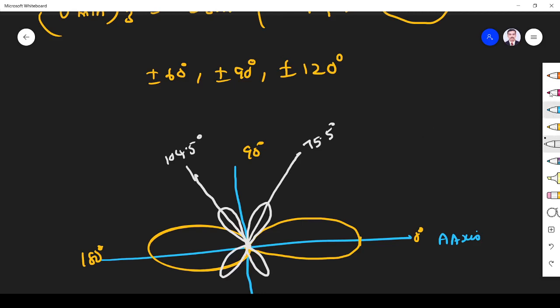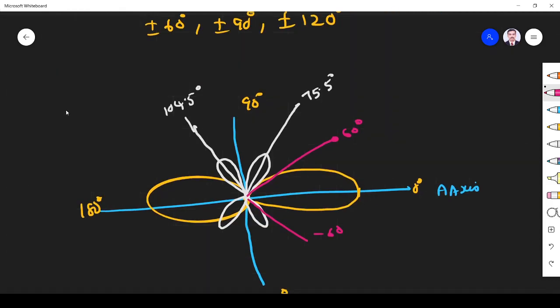Then we see the minor lobe minima at plus 60 and minus 60. So this is one minor lobe minimum at 60, and this is minus 60. Then plus 90 and minus 90, where the minimum null is. Then plus 120 and minus 120.